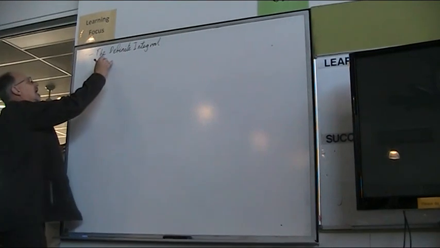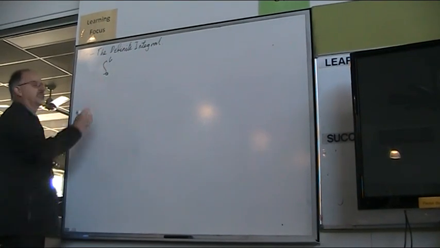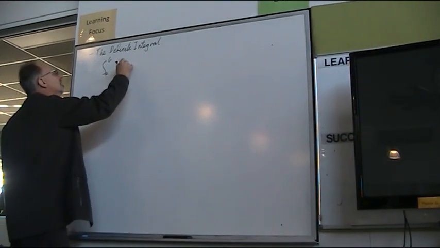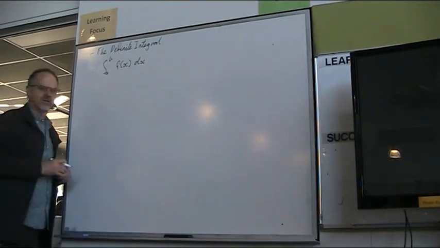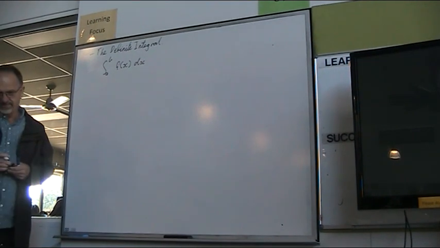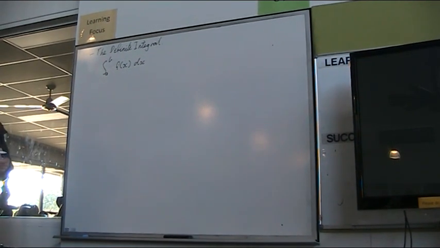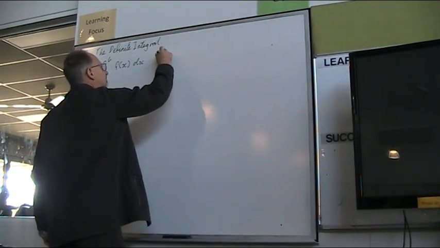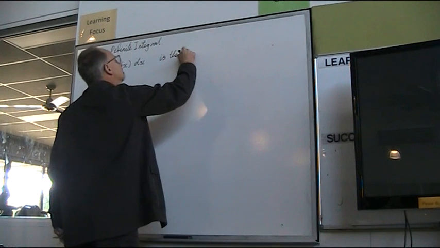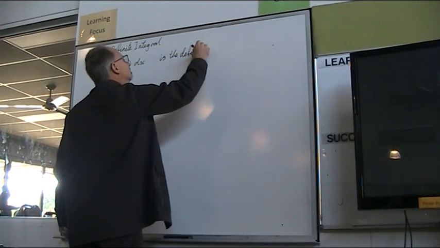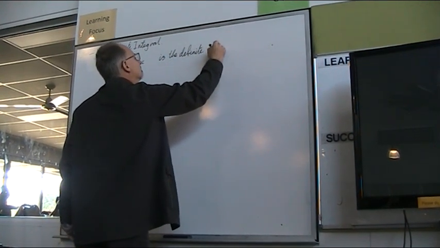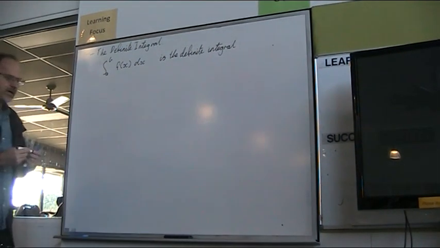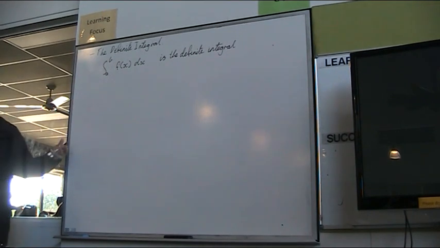So when you see something like this, numbers on the end, a to b of some function with respect to x, the integral from a to b of the function with respect to x is the definite integral. Whereas previously we were just anti-differentiating, we ended up with a function.